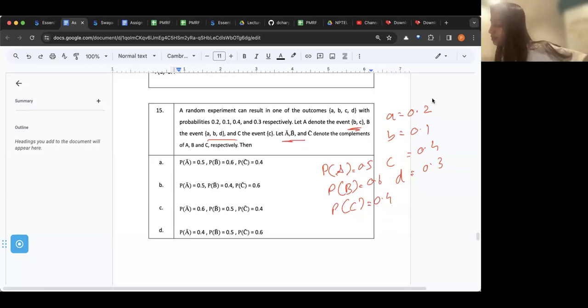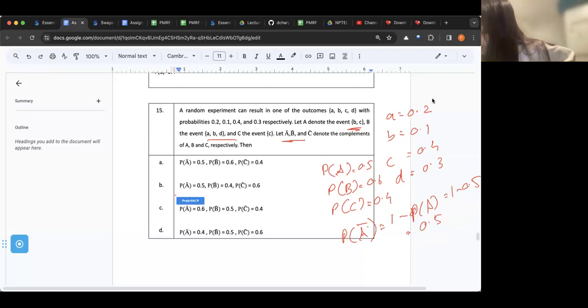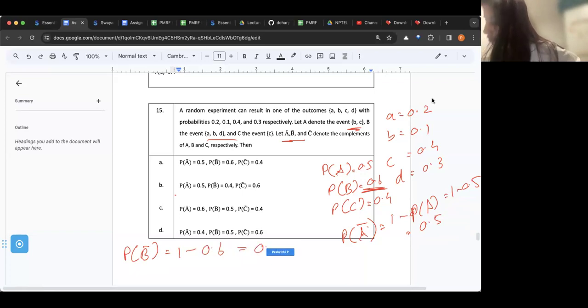You just have to do, probability of A complement is 1 minus probability of A, which is 1 minus 0.5. So probability of A complement is also 0.5. And then probability of B complement is equal to 1 minus probability of B, 1 minus 0.6. So probability of B complement is 0.4.